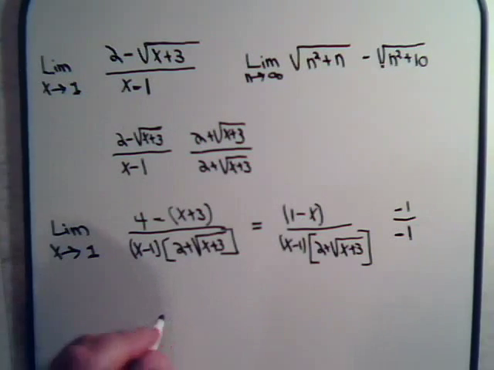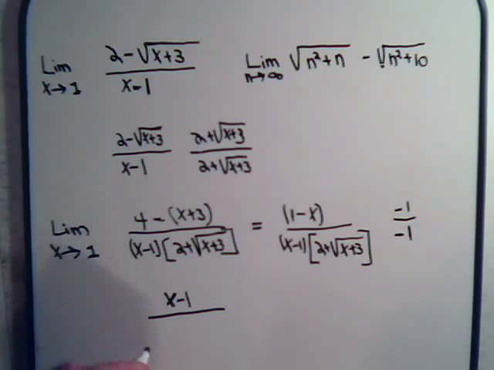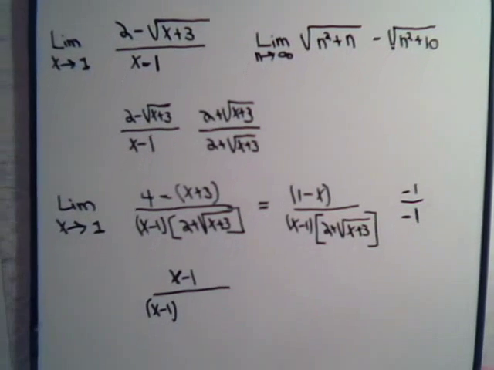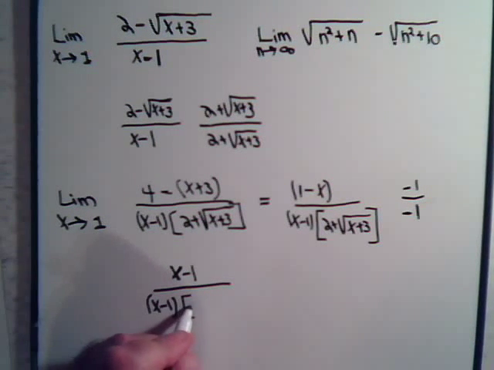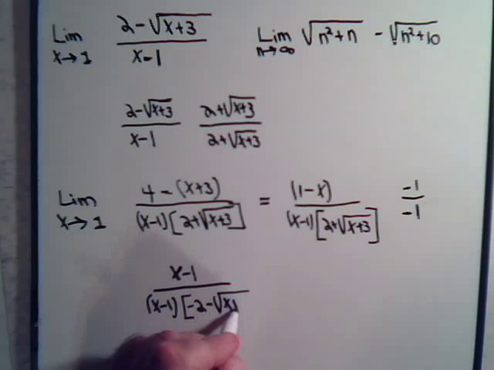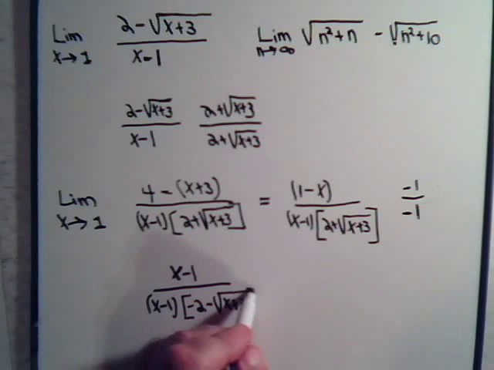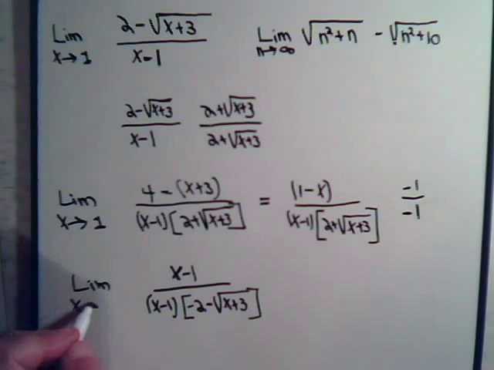So up here we're going to have x minus 1, and then down here we're going to have x minus 1 times, multiplying through by negative 1, negative 2 minus the square root of x plus 3. And we want the limit as x approaches 1.